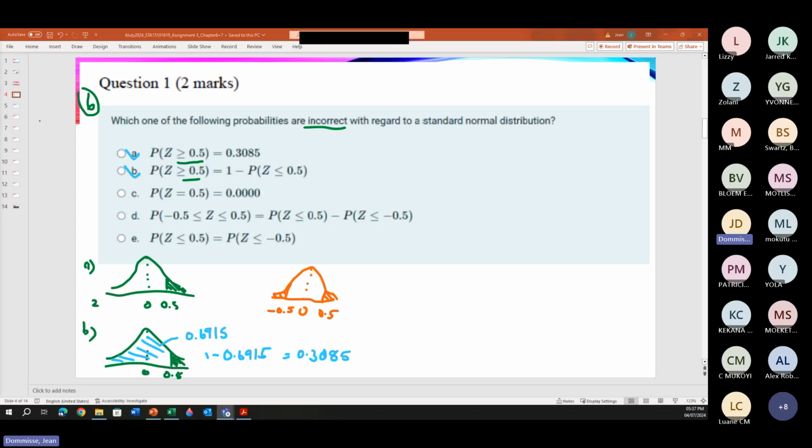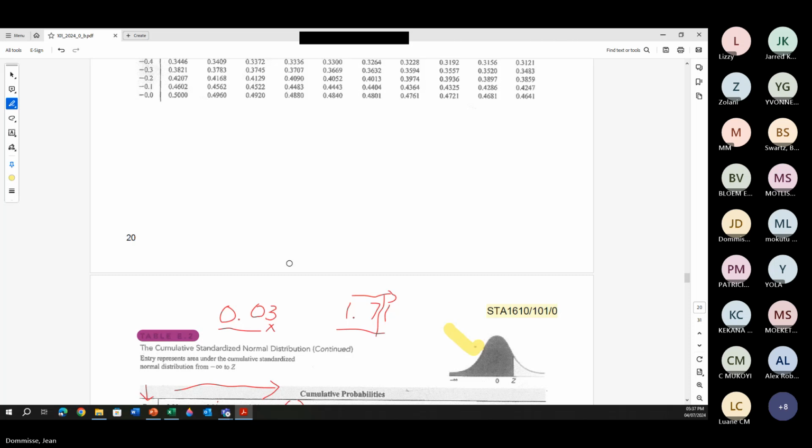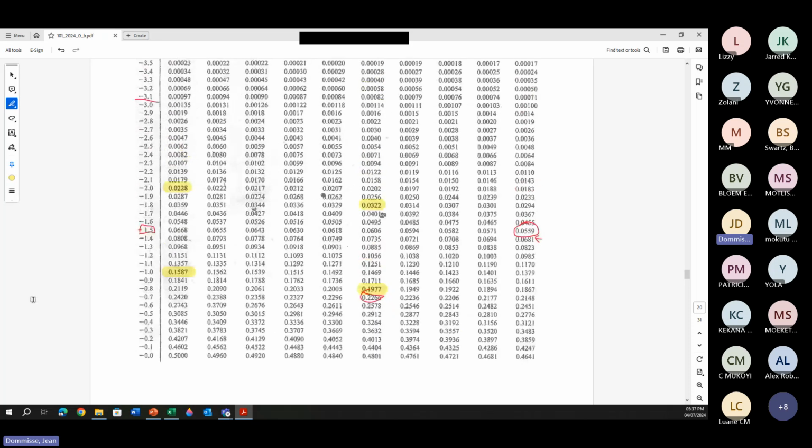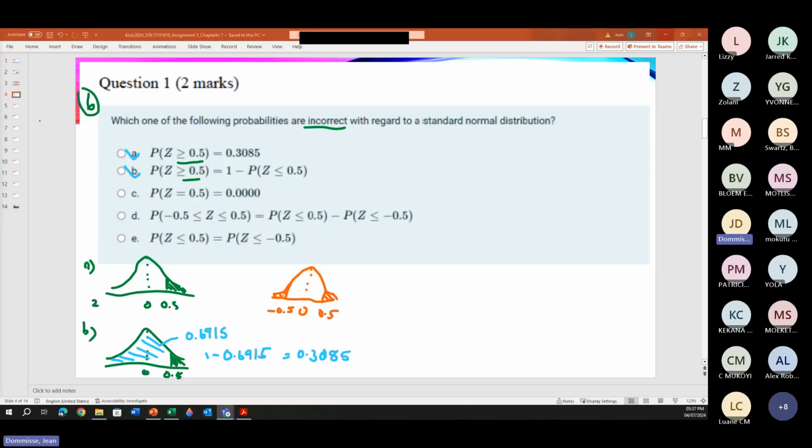So if we go to the negative Z table of minus 0.5, we are supposed to also get the answer we're looking for. So negative 0.5, we also get 0.3085. So we know that that is also a way to get it. Let's just check.